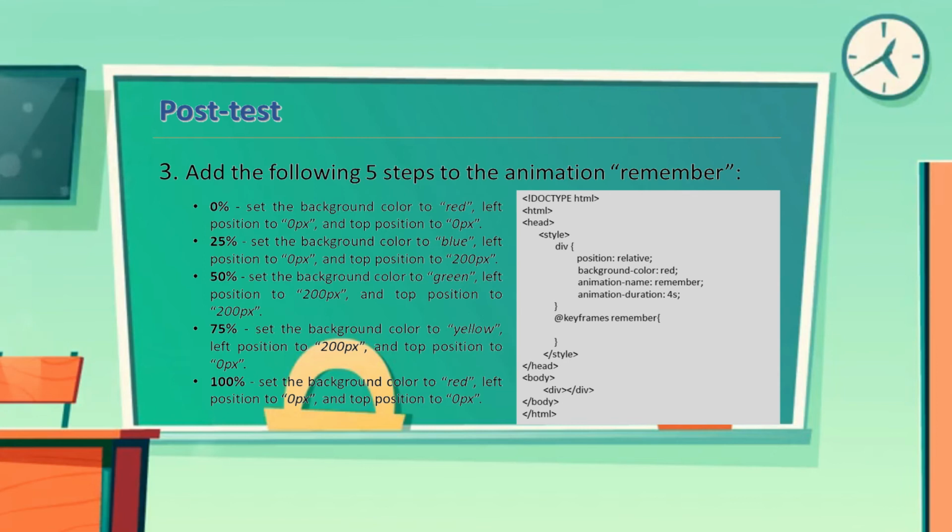Fourth, in 75%, set the background color to color yellow, left position to 200 pixel, and top position to 0 pixel. And last, in 100%, set the background color to color red, left position to 0 pixel, and top position to 0 pixel.